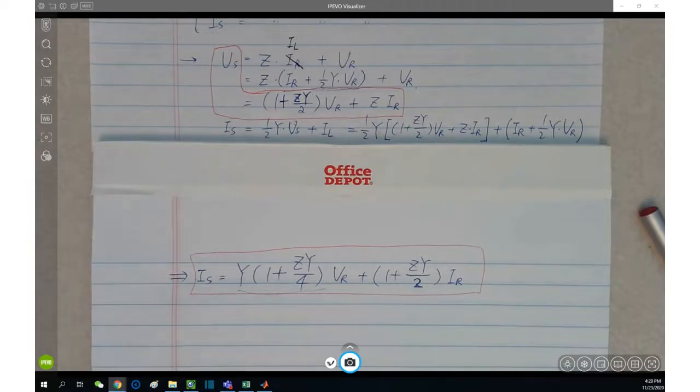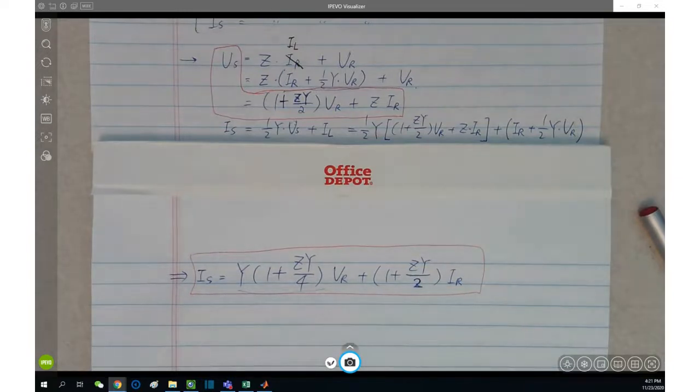Check your answer. Kevin said he missed one IL. And how about others? Any questions? All right, if that's fine, we can move on.